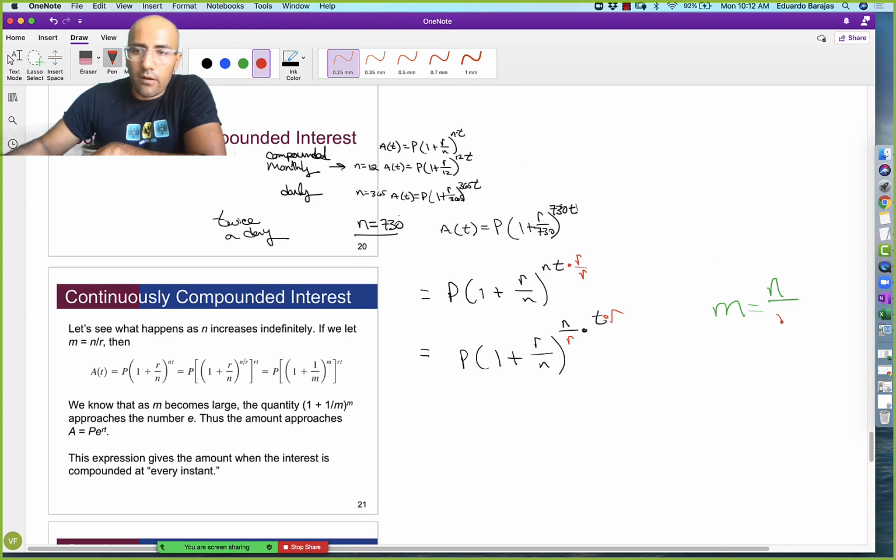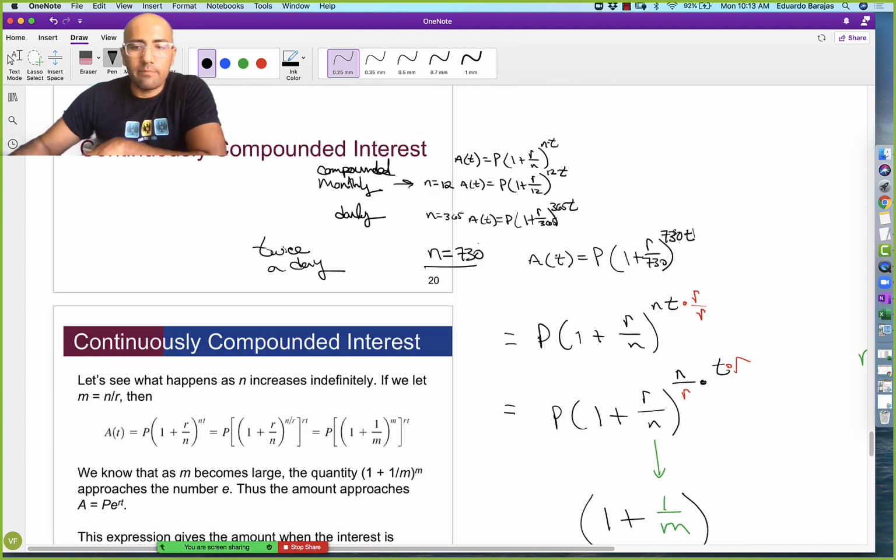Therefore, if we flip it around, 1 over m is then equal to r over n. Good. So now we can do this replacement: that r over n right here is equal to 1 over m. 1 plus, right? And then n over r, that was the power of n.